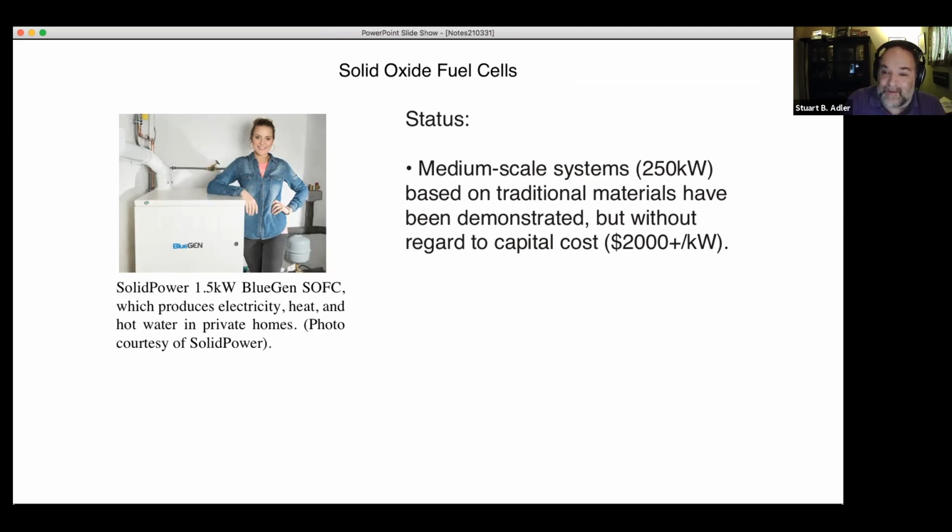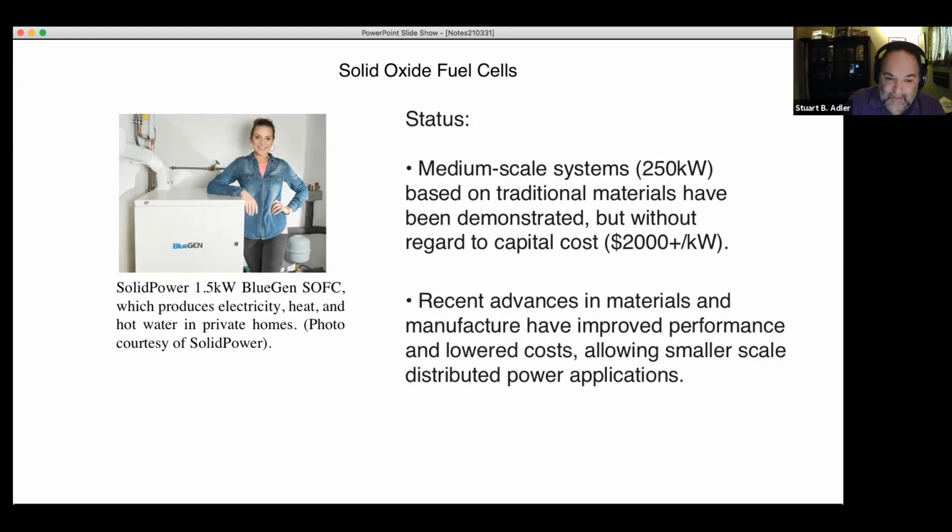I would say though, in the last 10 to 15 years, in the wake of the polymer electrolyte fuel cell world, SOFCs have started being refocused on smaller applications. Advances in materials and manufacturing have really brought the cost down, and they've started to make inroads in applications like cogeneration of electricity and heat, as I was describing earlier.